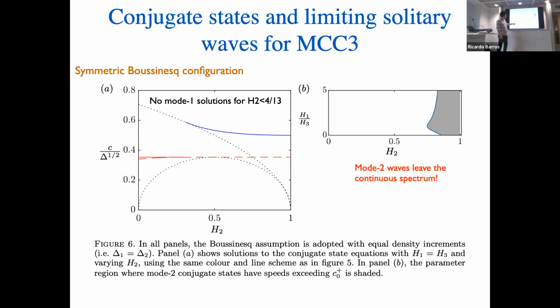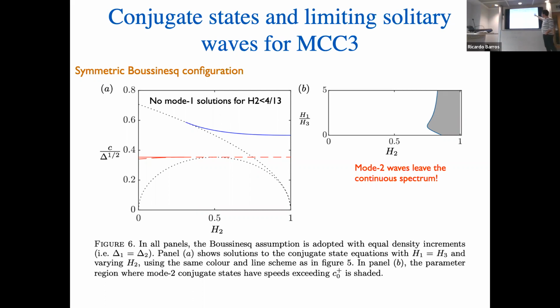As you leave here, you see that the dashed line from the second baroclinic mode actually escapes the linear spectrum. So here we are already above the first baroclinic mode, and we have done the study to know when this happens in terms of the parameter region, and this is what we could figure out. In order to have that, you always need your intermediate layer to be thick enough.